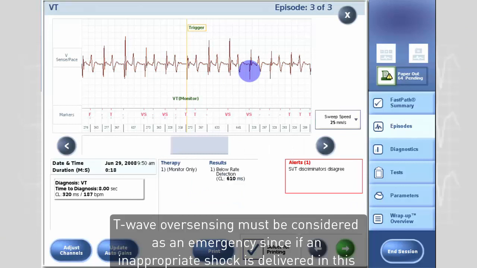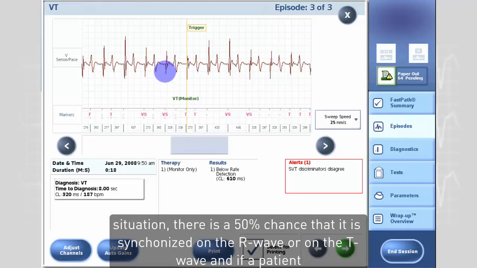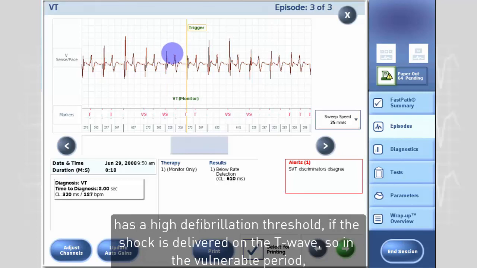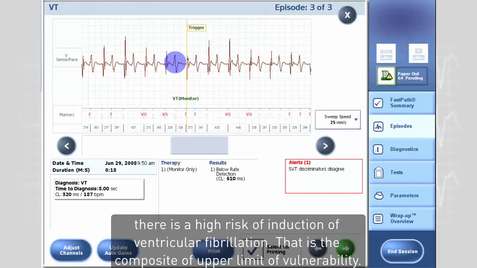T-wave oversensing must be considered as an emergency, since if an inappropriate shock is delivered in this situation, there is a 50% chance that it is synchronized on the R wave or on the T wave, and if a patient has a high defibrillation threshold, if the shock is delivered on the T wave, so in the vulnerable period, there is a high risk of induction of ventricular fibrillation.